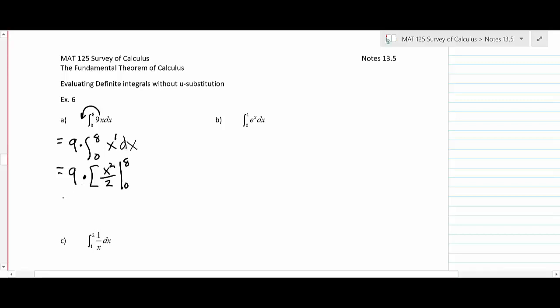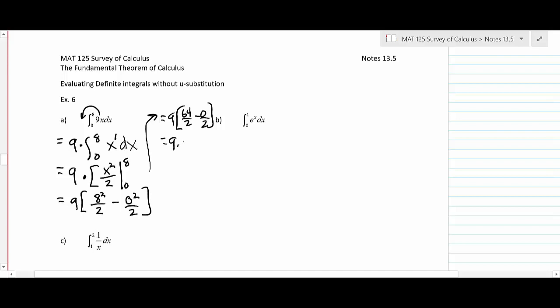Okay, so when we do this, we just bring down the 9, and then we plug in the 8. So we'd have 8 to the second over 2, plug in the 0, so you'd have 0 to the second over 2 like that. So once you get your antiderivative, you always do 2 things. Plug in the upper limit, plug in the lower, and subtract in that order. Now to work this out from here, what we would have is 9 times 64 over 2 minus 0 over 2.